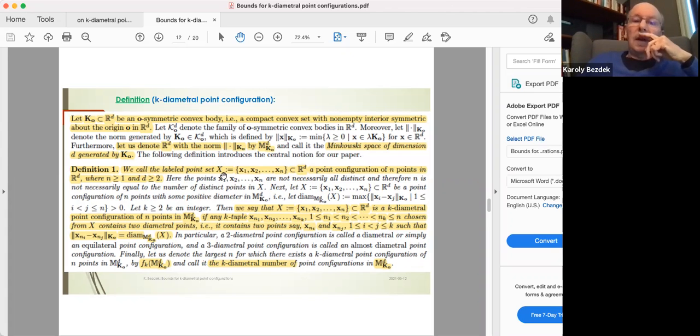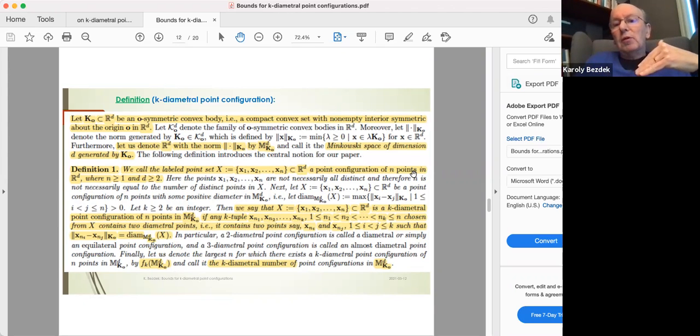So that means we choose a labeled point set. Here I choose capital X for this purpose, with points x_1, x_2, ..., x_n. So this is a labeled point set, and I say this is a point configuration of n points. But actually here it is allowed to choose the same point as many times as you like.